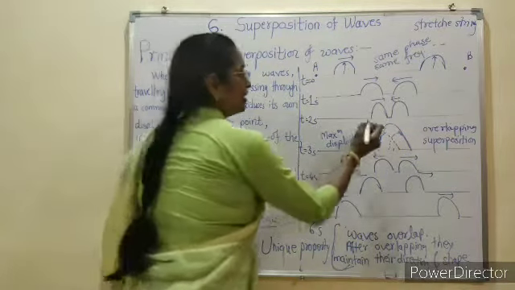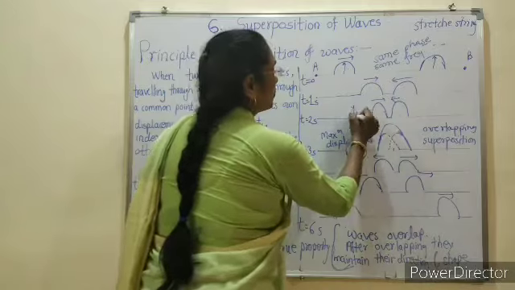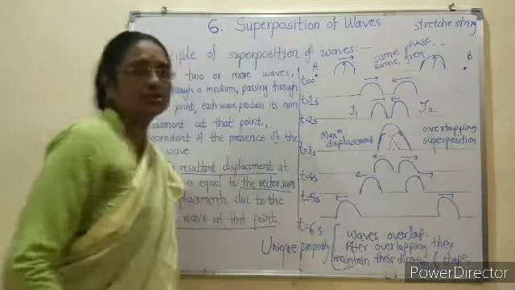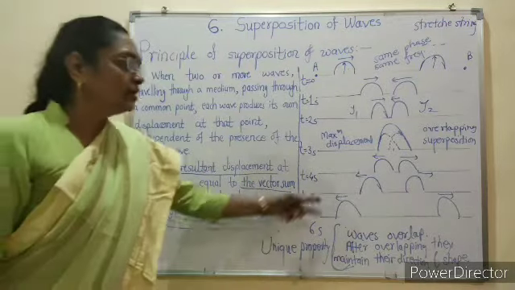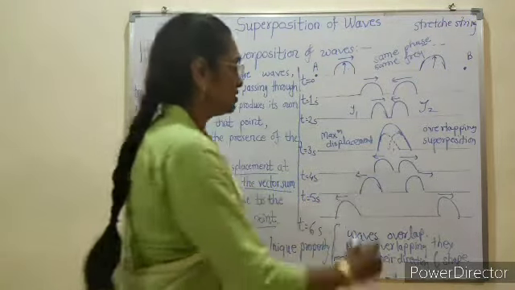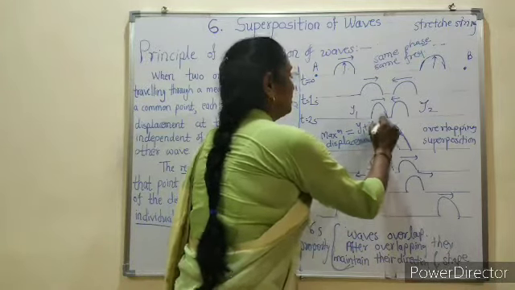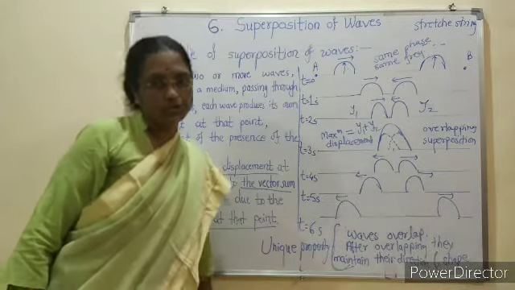Suppose for the first wave the displacement is y1, for the second wave the displacement is y2. So there is addition of displacement, which can be written as y1 plus y2.